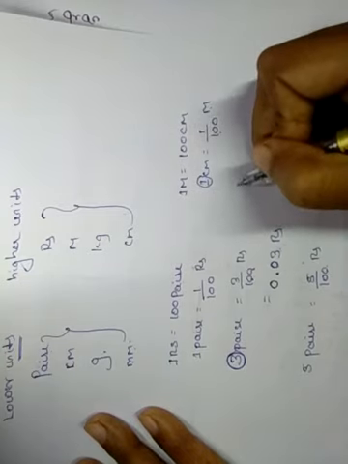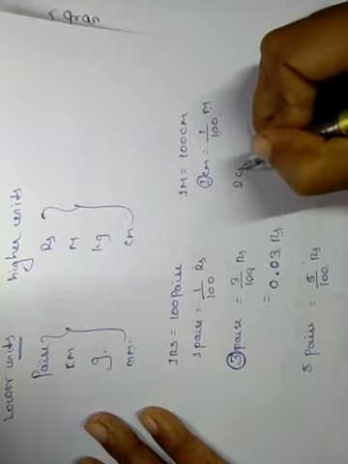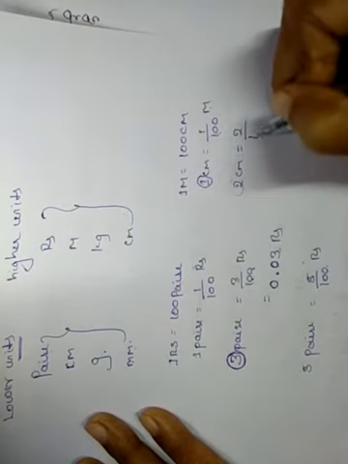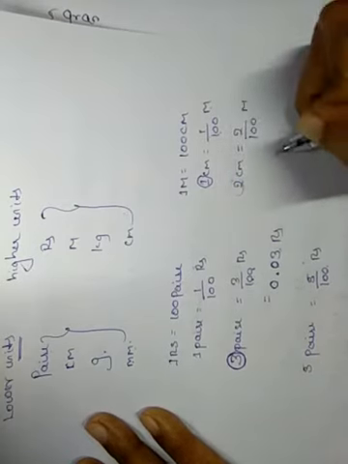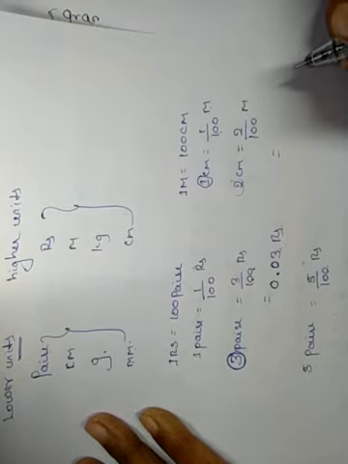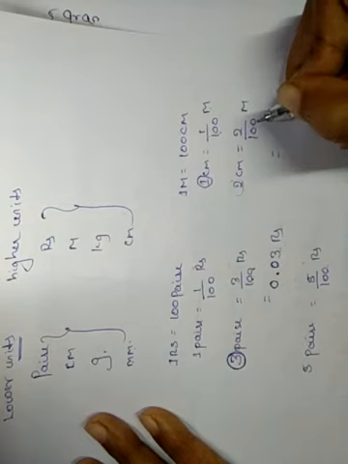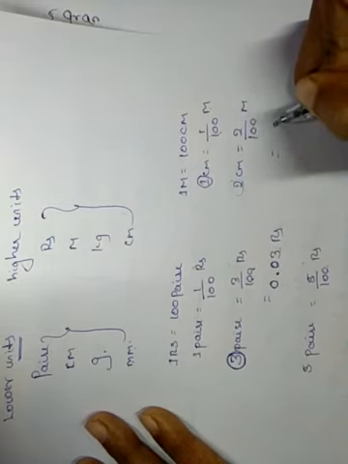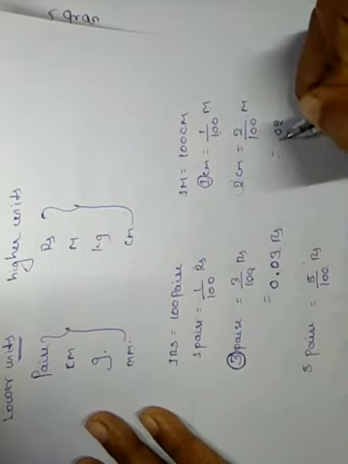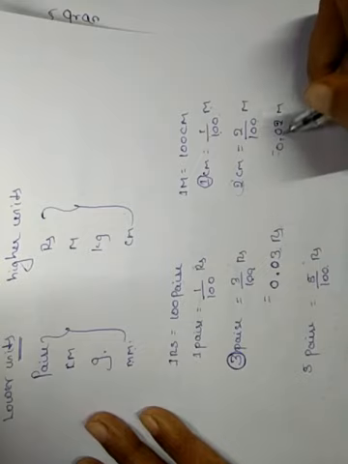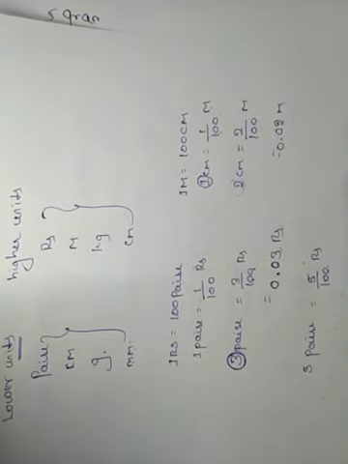If I want to convert 2 centimeter to meter, I have to divide these two by 100. Then only it is possible to convert centimeter to meter. Here also two zeros. After two digits I will give a decimal point and 1 zero. Now I converted 2 centimeter to 0.02 meter.